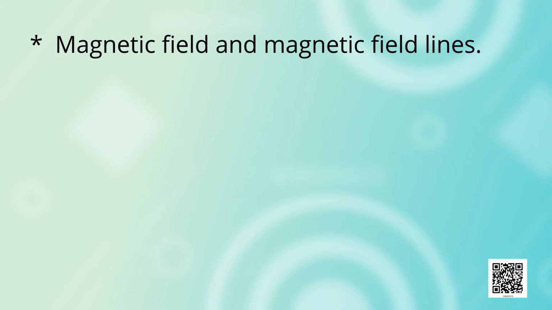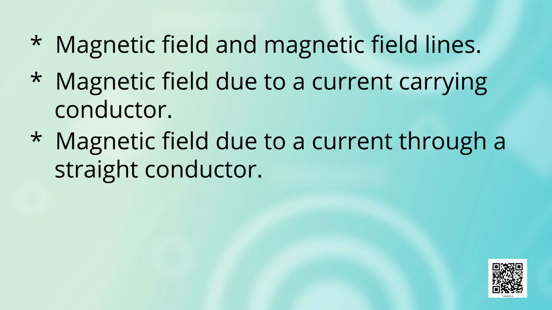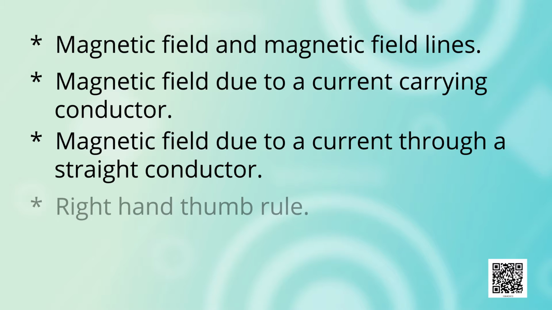Today we will learn about magnetic field and magnetic field lines. Then we will study about magnetic field due to a current carrying conductor and magnetic field due to a current through a straight conductor. Then we will discuss right hand thumb rule.